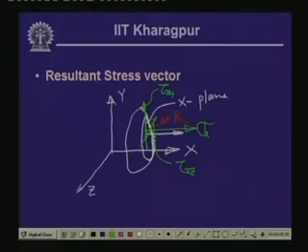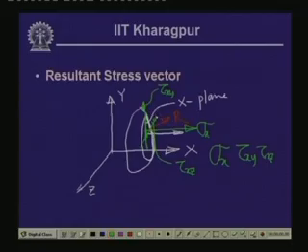Thereby, on this particular plane, the x plane, we have 3 stress components: one is normal to the plane and the other 2 are in the plane, in the direction of y and z. The normal stress we call sigma x, and the other 2 components which are in the plane we call shearing stresses, and they are tau xy and tau xz.